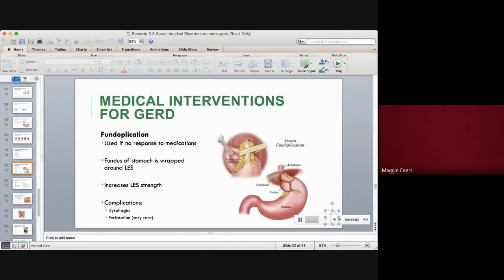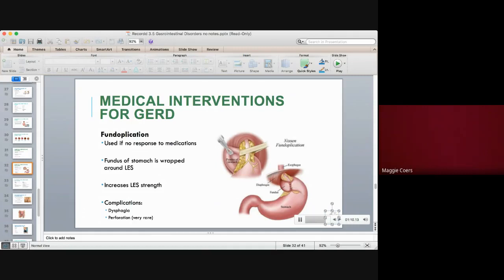The collar could get too tight. So if the patient after surgery can't really swallow well, then that's an issue. Also, they can't vomit. Okay, that could also be an issue if the stomach needs to decompress itself. A complication also of the surgery is that the surgical line breaks and the stomach ruptures.